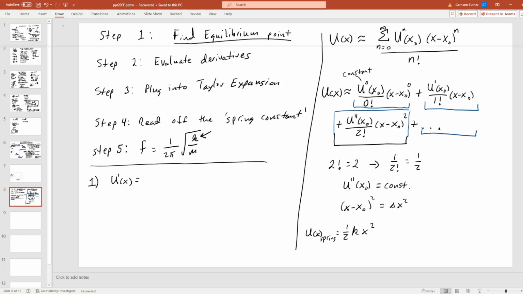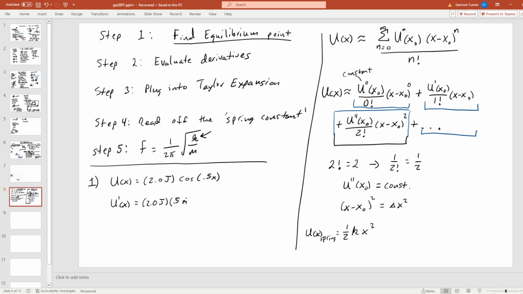Okay, so the first derivative of u, well, actually, let's rewrite the function down so we're not just constantly flipping back and forth between slides. So if u of x equals 2 joules times cosine of 0.5x, then u prime, or the first derivative, is 2 joules, stays where it is, but I get a 0.5 out front.